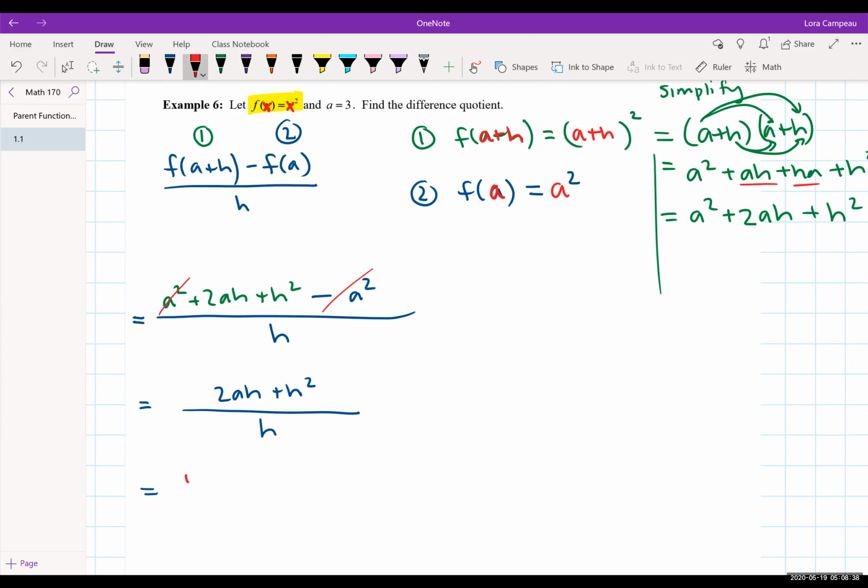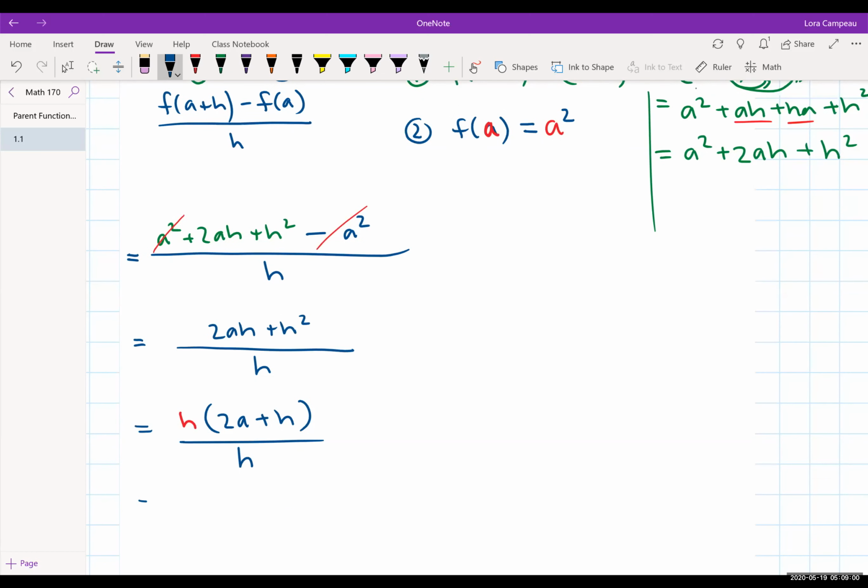That's going to be the goal eventually. And it does look like in the numerator, the h's do factor out. So I'll write this out: 2a plus h. I factored out the h from the 2ah plus h squared. Got the remaining result.